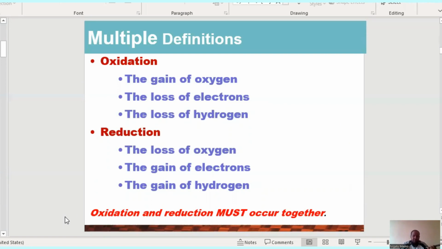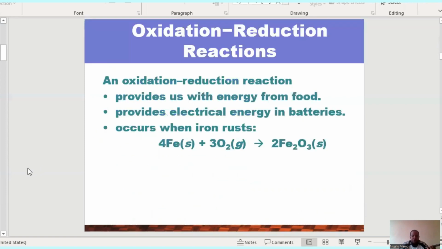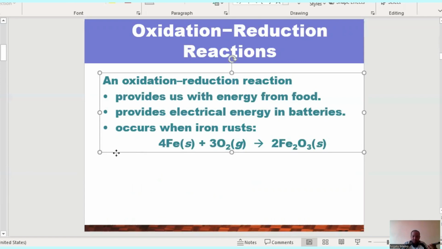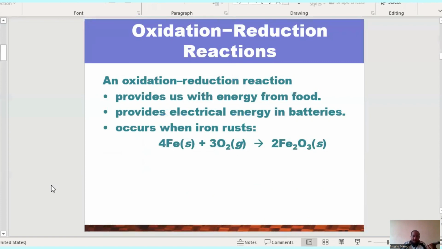Therefore, if one atom loses, the other one must gain. Oxidation-reduction reactions provide us with energy from food. For example, respiration is oxidation-reduction. They provide electrical energy in batteries, and occur when iron rusts.